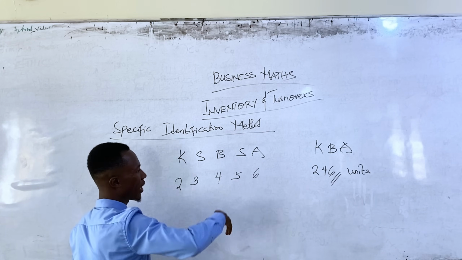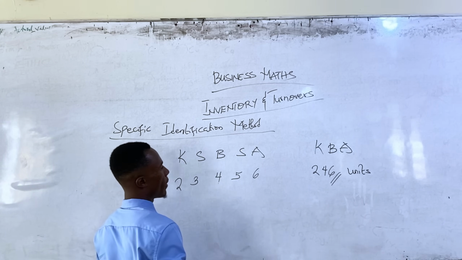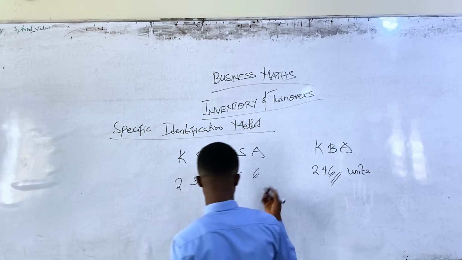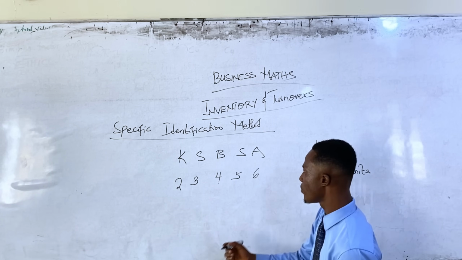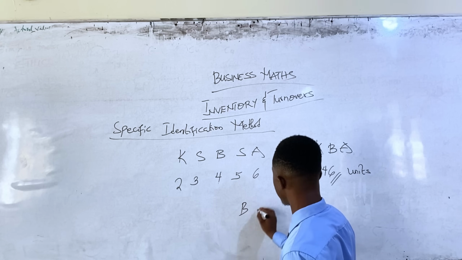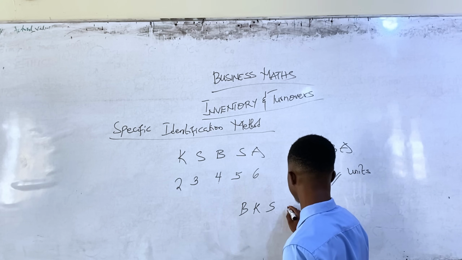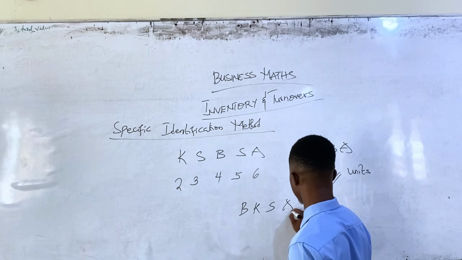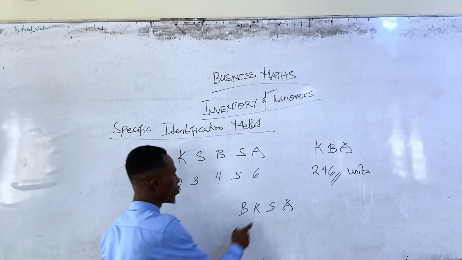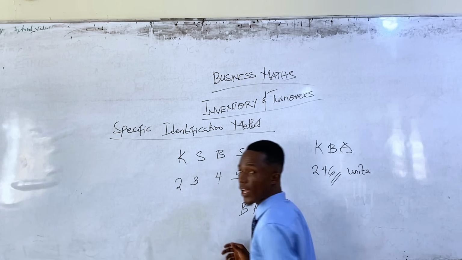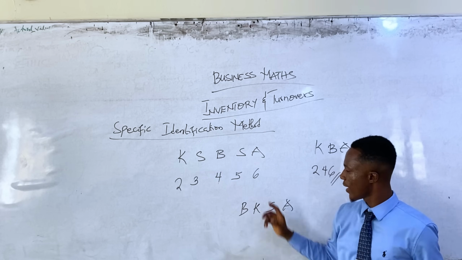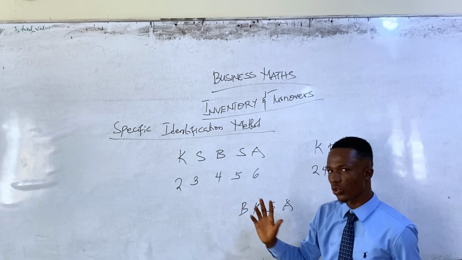Then in case they can also ask you to calculate for the value of inventory or the cost of any given product labeled B, K, S, A. In no circumstance will they give you a question where you see two S's, right?